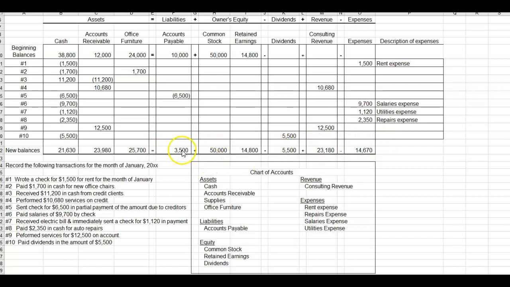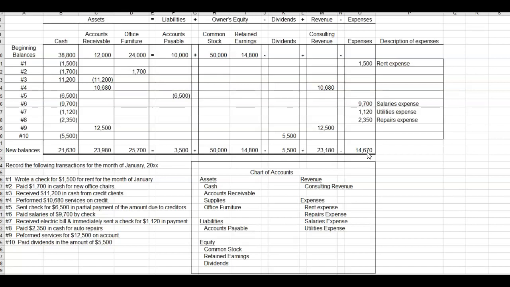That's $3,500 plus $50,000 plus $14,800 minus $5,500 plus $23,180 minus $14,670. So both sides of the equation equal the same dollar amount, and our books are in balance.